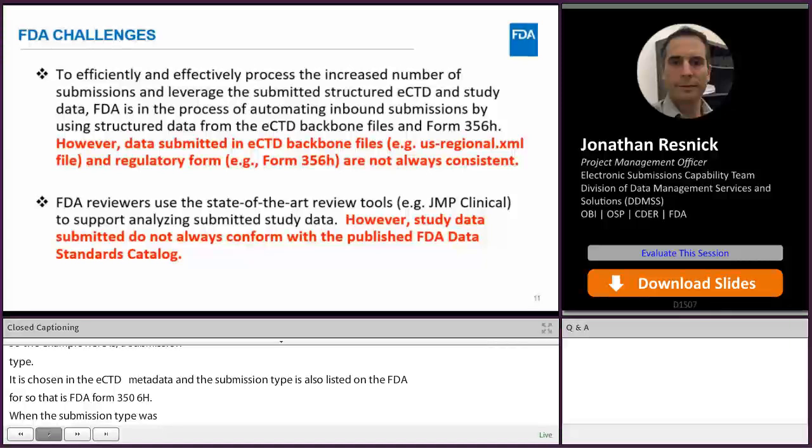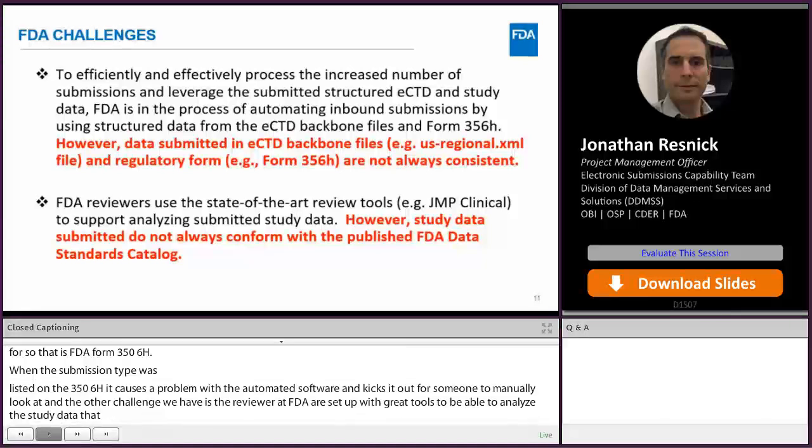The other challenge we have is that the reviewers at FDA are set up with these great tools to be able to analyze the study data that comes in. And they have these tools because guidance has been put out that says, hey, industry, if you're submitting study data to your ANDA, you have to submit it in this format.